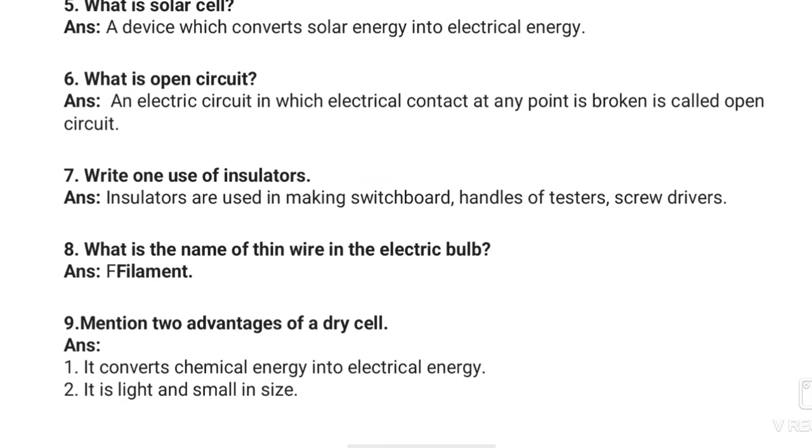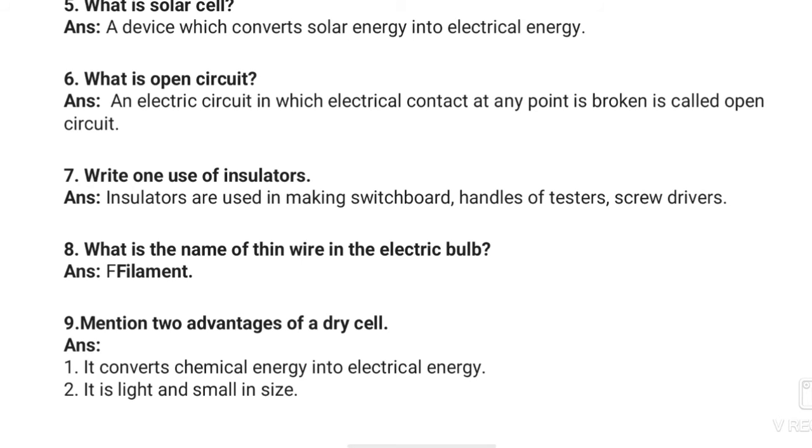The answer is an electric circuit in which electrical contact at any point is broken is called an open circuit. It means, student, when we make a circuit and problems are created anywhere, or there is a break in the circuit, this type of circuit is called an open circuit.